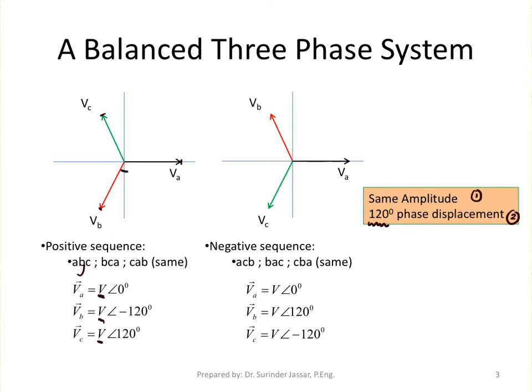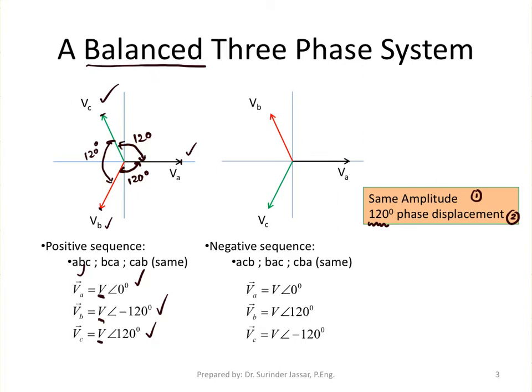This has to be 120 degrees, this has to be 120 degrees, this has to be 120 degrees. As you can see, A is at 0 degrees, B is at negative 120 degrees, and C is at positive 120 degrees. So this is a balanced system.